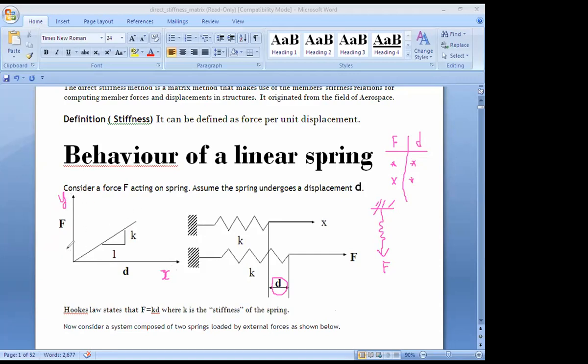So when you plot that, what we observe, or what Hooke observed, was that the force was proportional to the displacement, and the constant of proportionality is what is referred to as the stiffness of the spring.